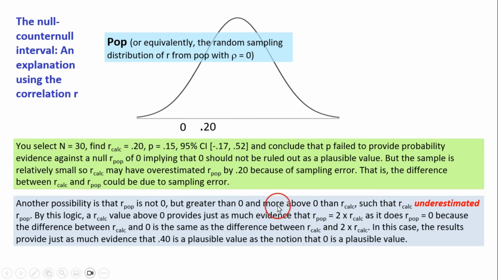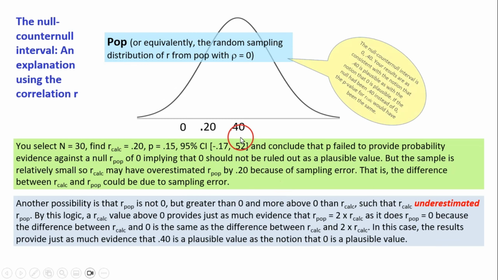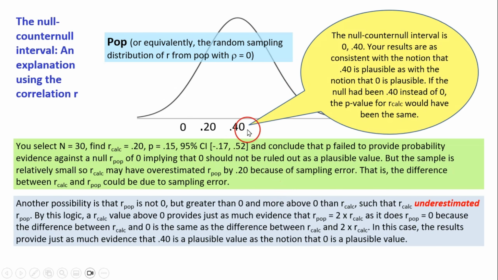So if I move it over here, if you look up above, what happens if the actual population correlation is here instead of here? So the null counter null interval is 0 to 0.4.